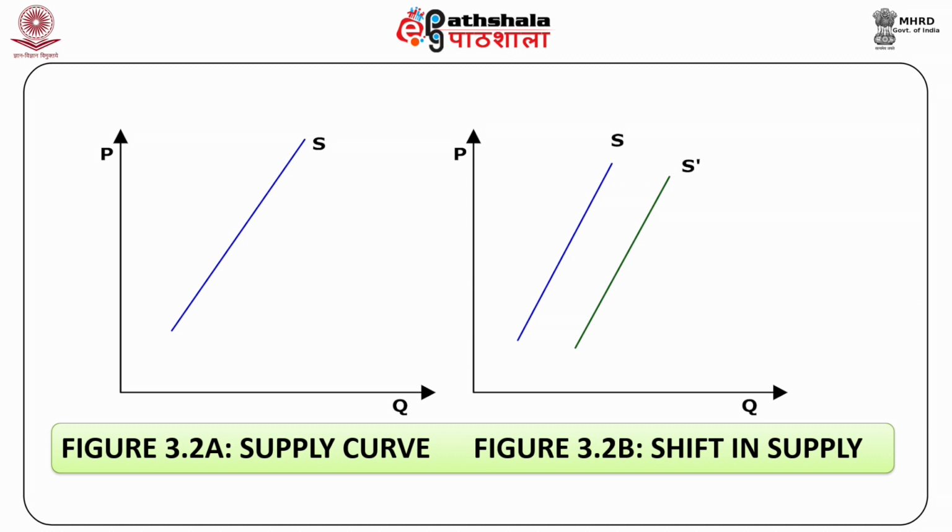Now, a shift in the supply curve arises when the underlying factors influencing the supply like technology, prices of inputs change. Now, as shown in figure 3.2b, a technological change may cause the supply curve to shift to the right.